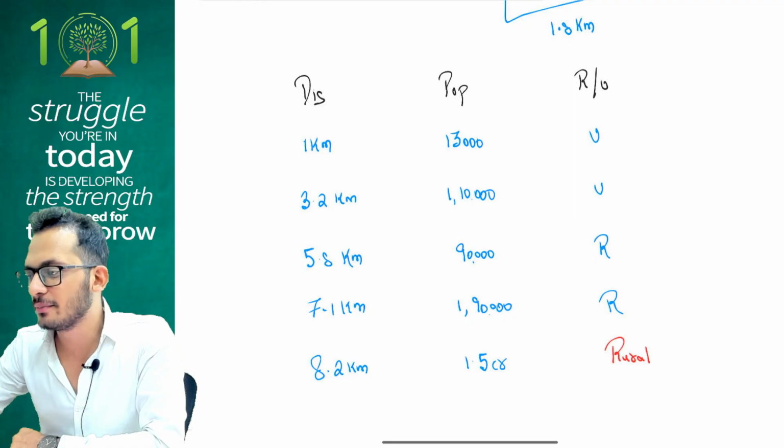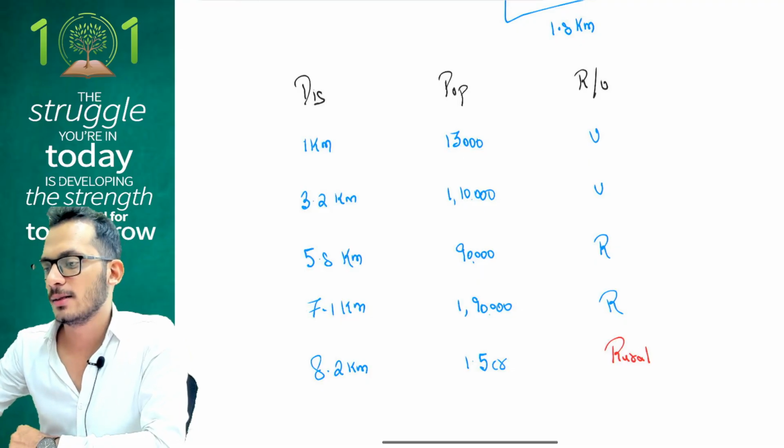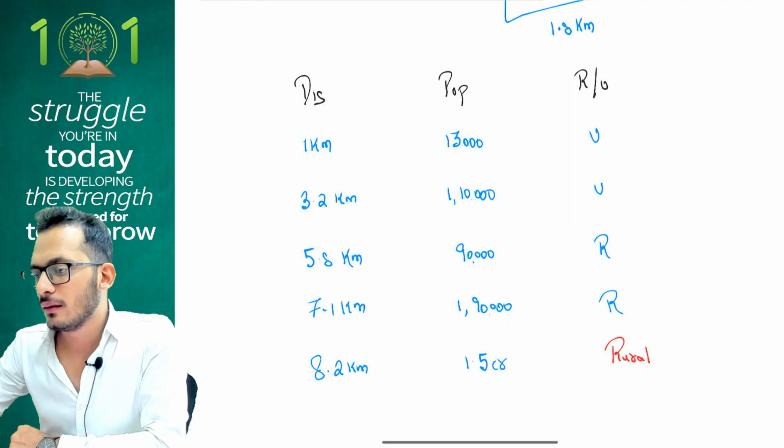What is the reasoning for the last one, people? Beyond 8 is always rural.